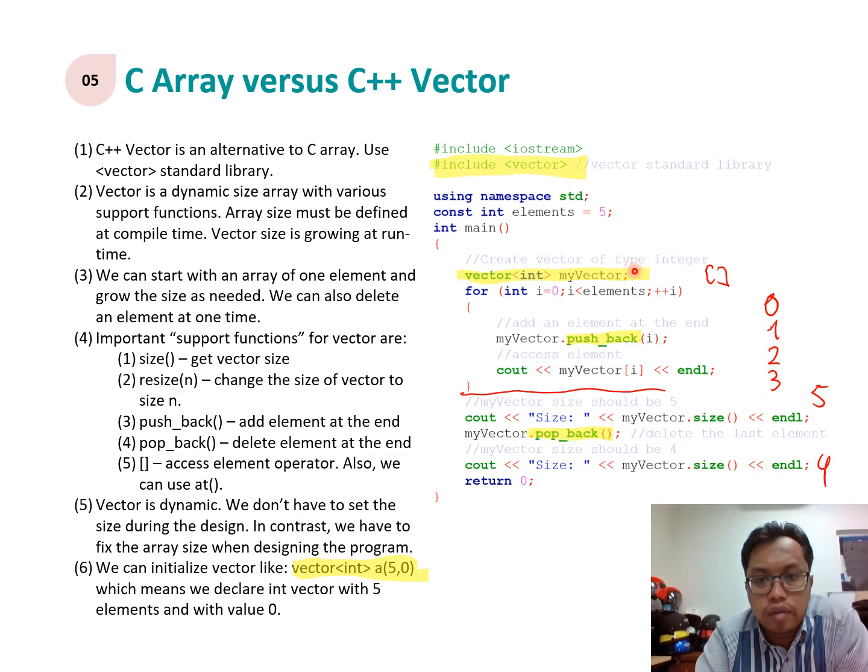So now I would say that a vector is more dynamic, easier to use, more interactive to the programmer, because the main point is you don't have to know when you design the program how much you want to allocate to the array or to the vector. That is a clear cut or explicit advantage of the vector.